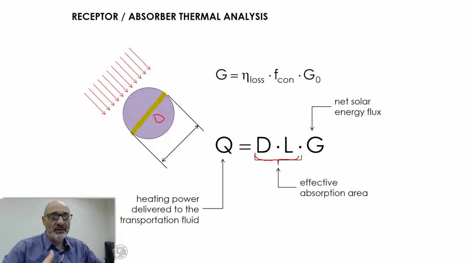And since the tube is circular, the sun may be coming from other directions, you always have D times L as the absorption area. We're going to use this formula in a while.